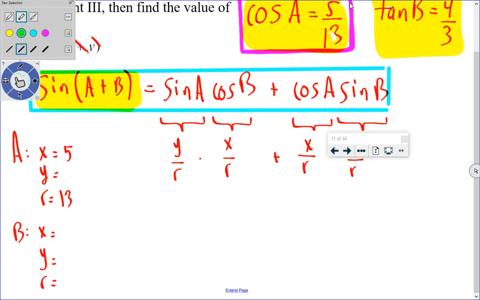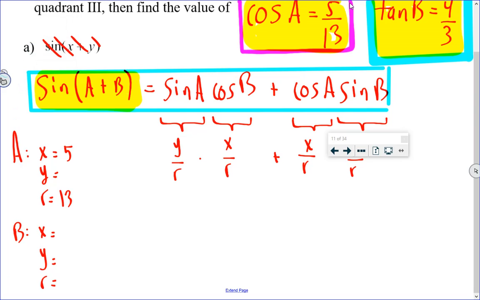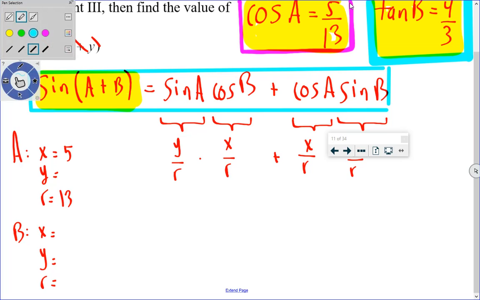If I look now at the statement tangent equals 4 over 3, that's talking about angle B, and tangent is y over r. Sorry, tangent is y over x. So I better write this down.